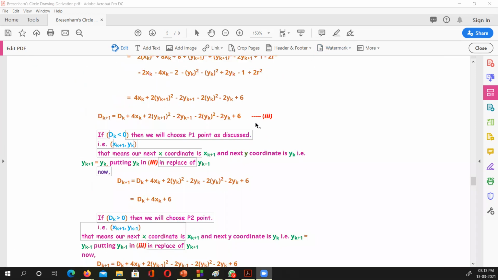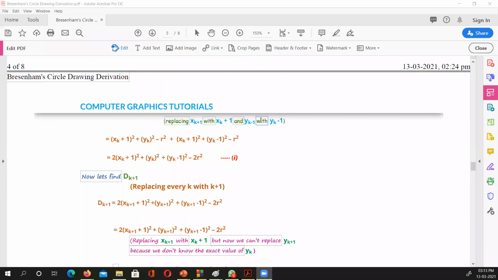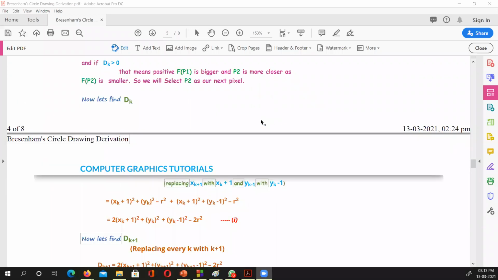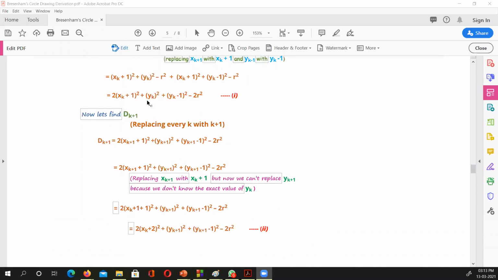Hopefully this will be clear because it is written properly now, so there should be no confusion, and I will explain each and every bit for you. Now this is my equation first here. Again from equation first we are going to do whatever we want to do. Now if we want to find the next one, this is my equation first. I understand where I got it from: the circle equation, x square plus y square minus r square.